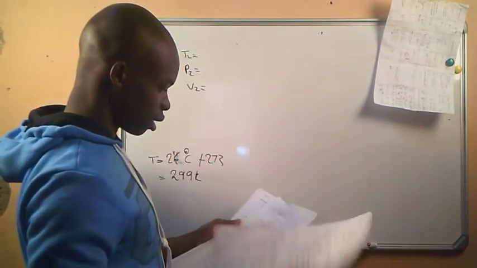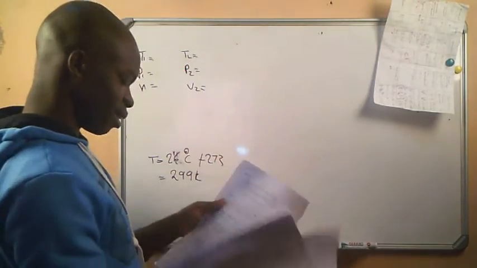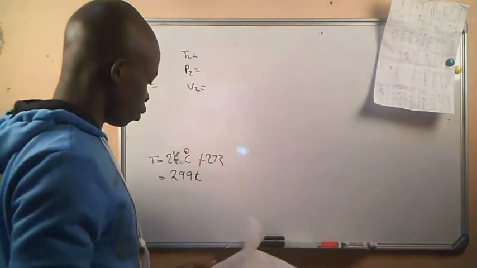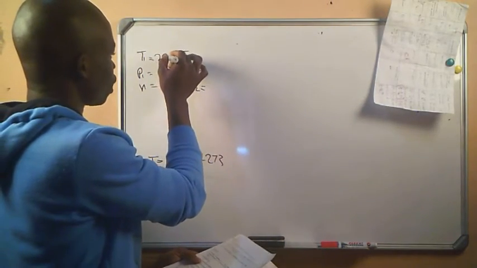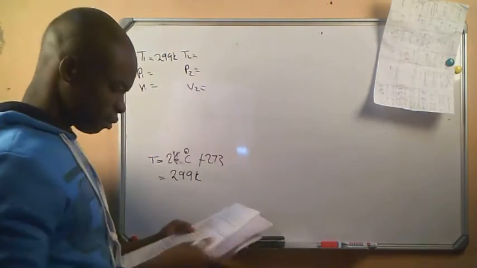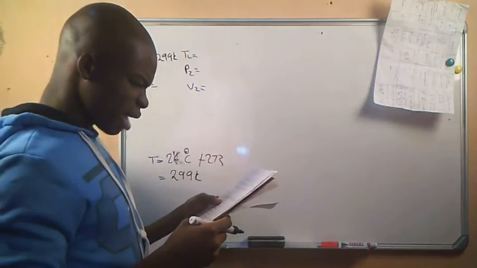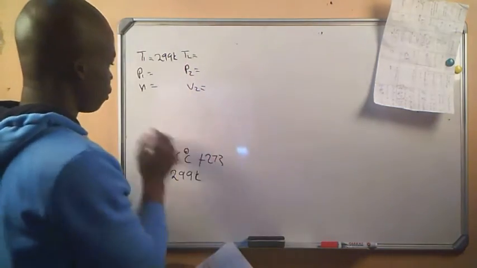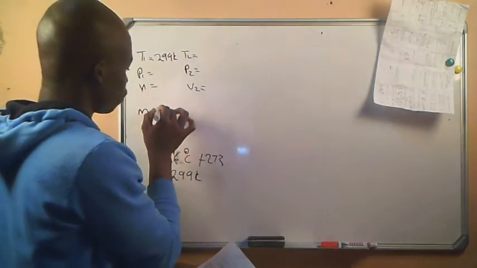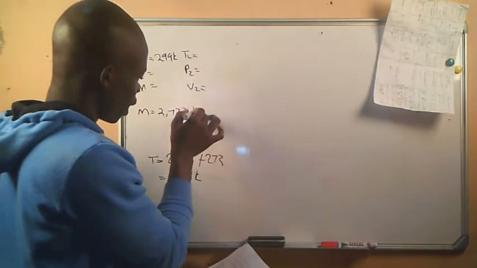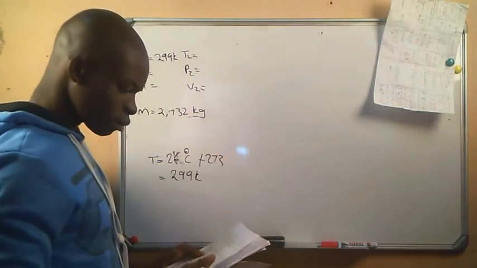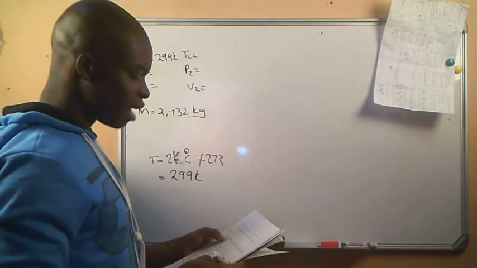But anyway, let's just continue. Our temperature here is 299 Kelvin, and then they say it has a mass, our m, which is equal to 2.732 kg. This gas is compressed isothermally.